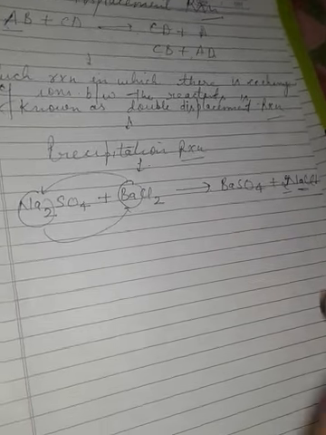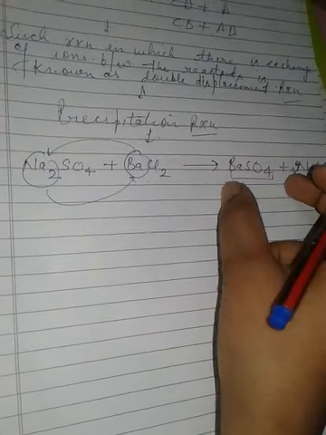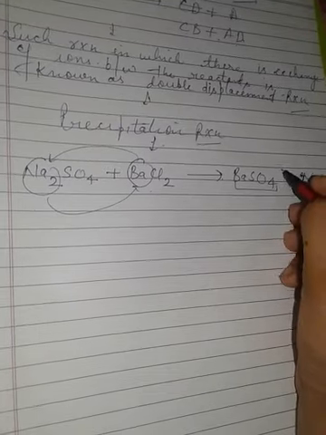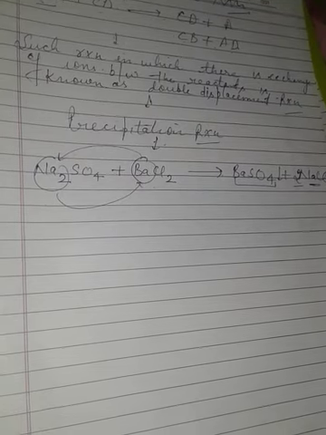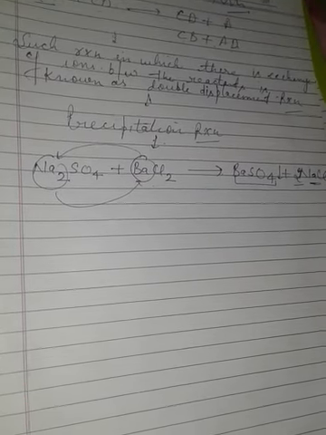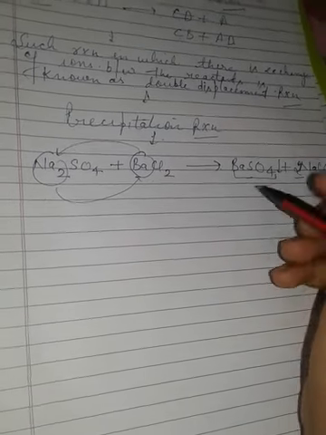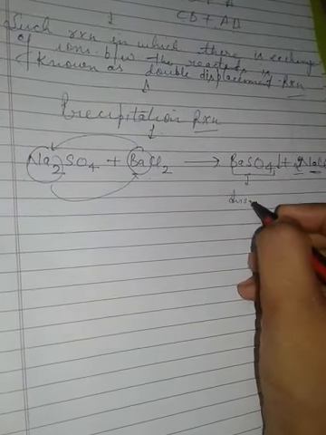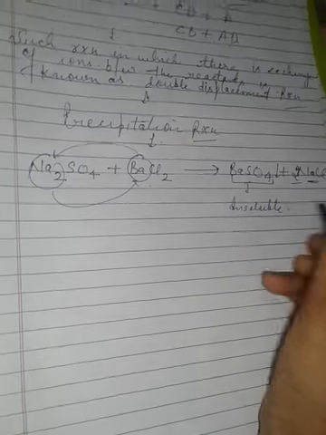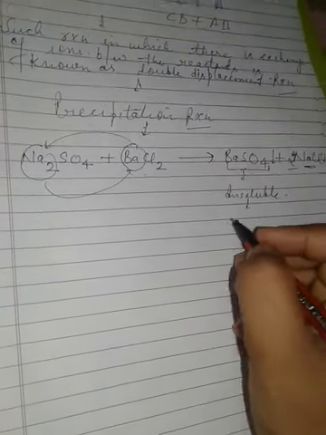Now NaCl, you know very well, is common salt. The other salt formed, barium sulphate, is actually not dissolved in the solution. It settles down at the bottom. Such a thing which does not dissolve, which is insoluble, is known as a precipitate.